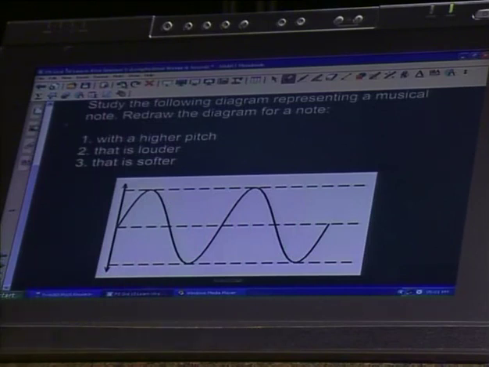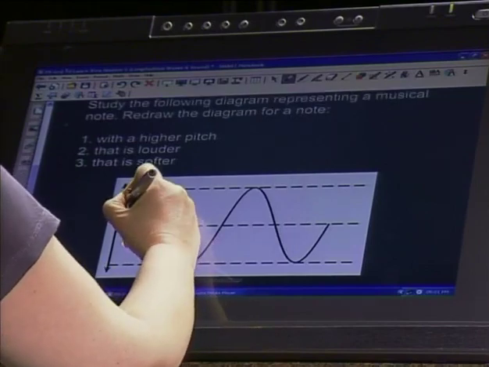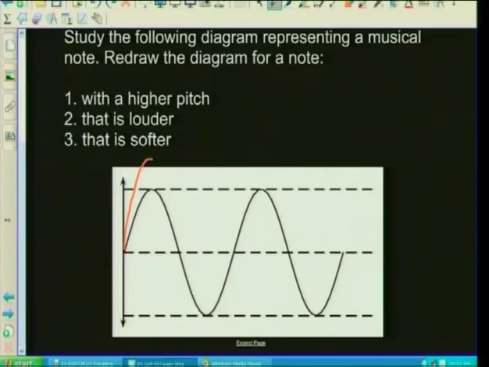What about a louder sound? Louder means bigger amplitude, bigger displacement from rest. So if we do a louder sound, let's do this. Now watch what I have to make sure happens. It goes through the rest position at the same time. So the frequency is going to be the same.